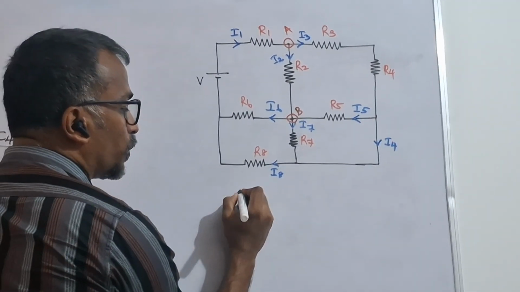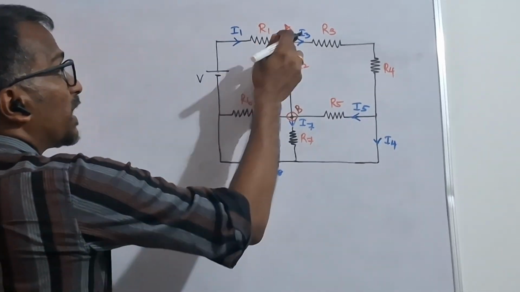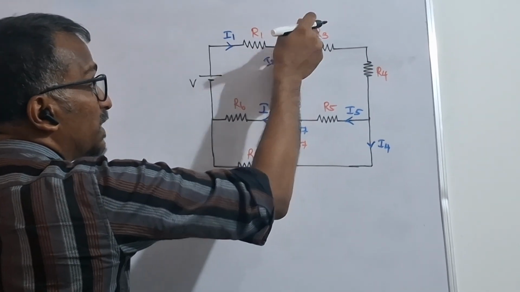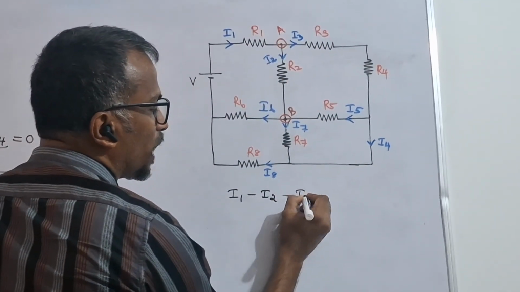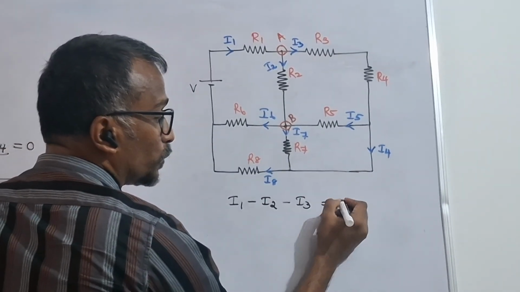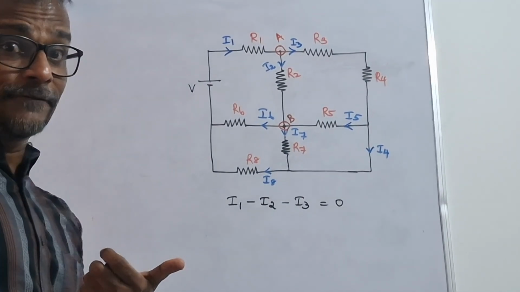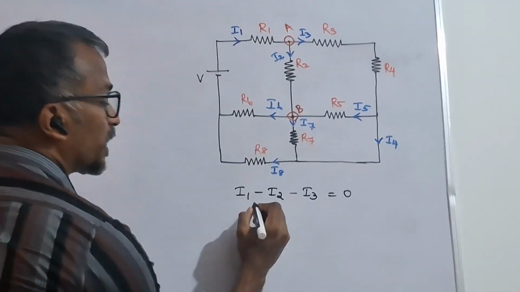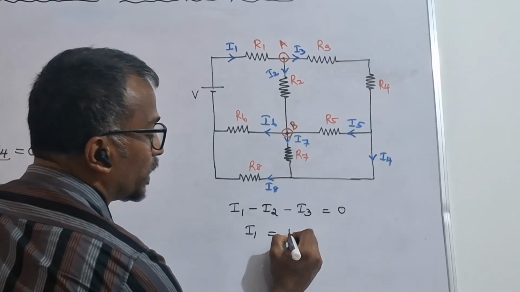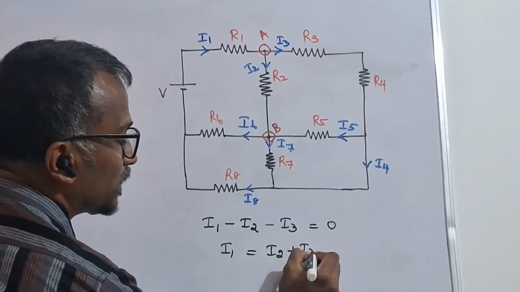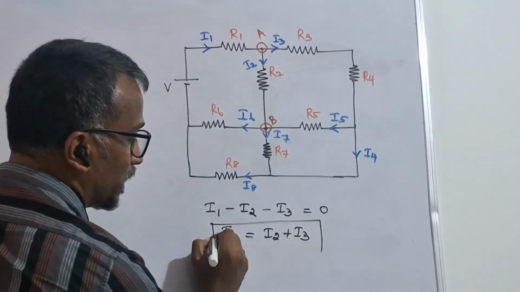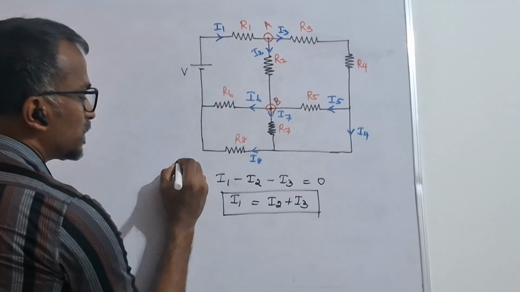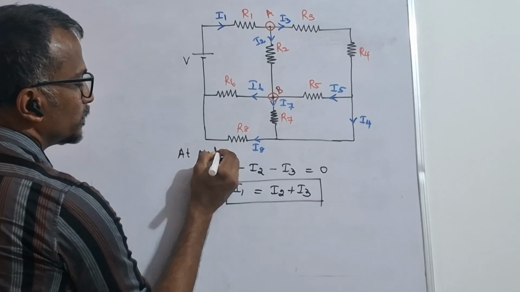Current entering the node is positive I1, and current leaving the node is minus I2, and I3 is also leaving the node, minus I3, that is equal to 0. As per the second definition, we can write total current I1 equals I2 plus I3. That means I1 is entering, I2 and I3 are leaving. So this is for node A.